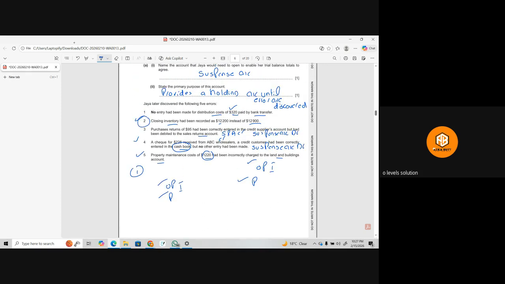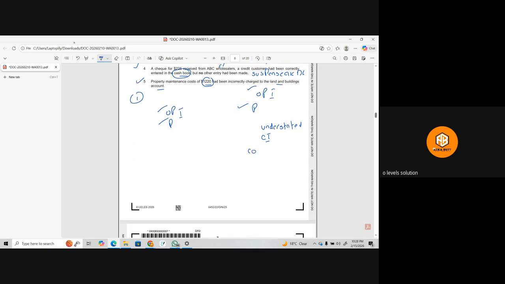So let's see the second error again. As you can see, closing inventory, which was 12,900, we recorded as 12,200. So the difference between these two is 700. Whenever closing inventory is understated, your cost of sales will be overstated, because we have to deduct the closing inventory.